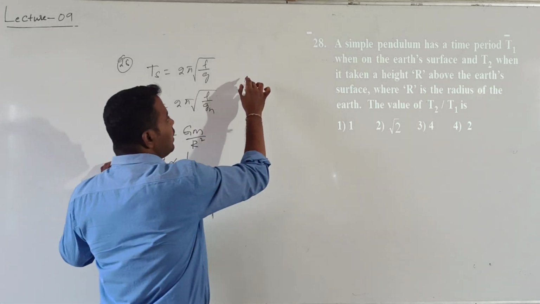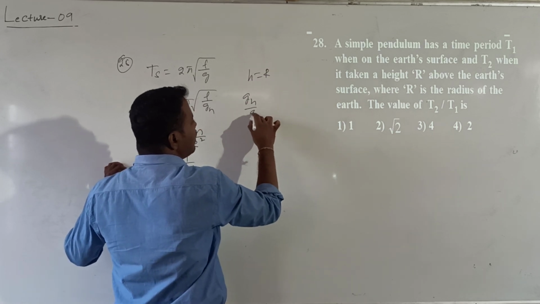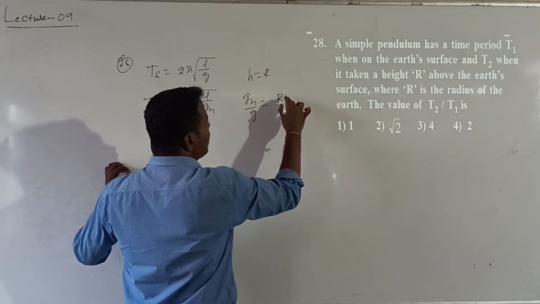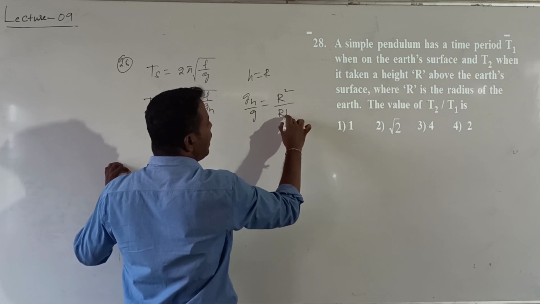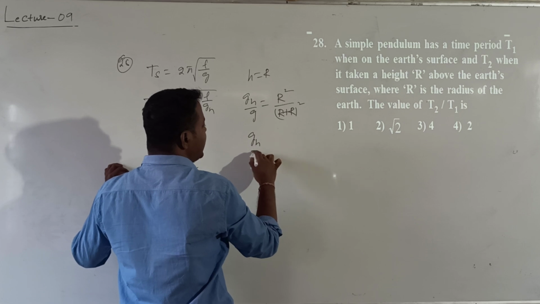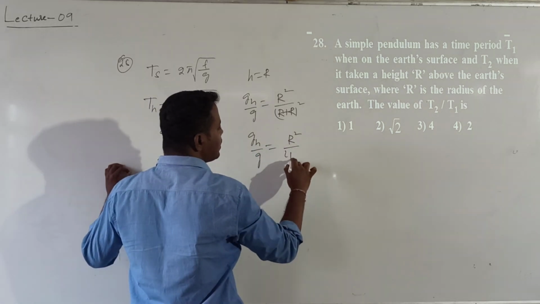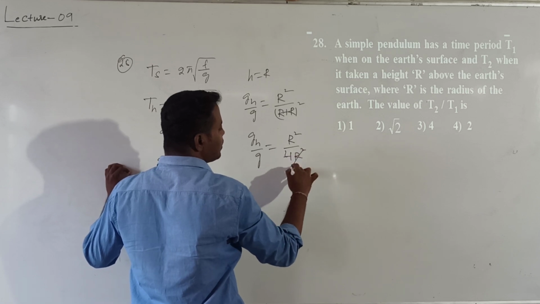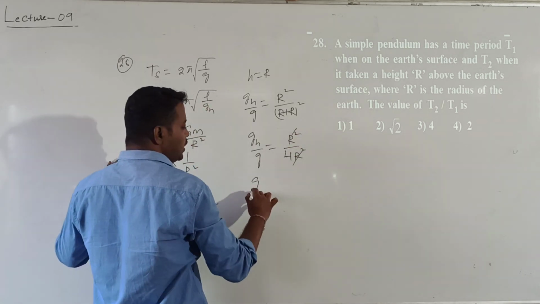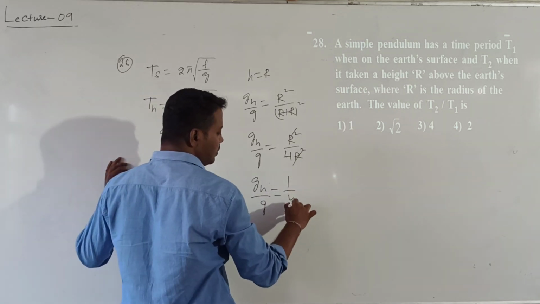But here they have given h value is equal to R. Then what will I get? g_h by g will be equal to R square by R plus R whole square. Then g_h by g is equal to R square by 4R square. R square cancels. Then g_h by g is equal to 1 by 4.